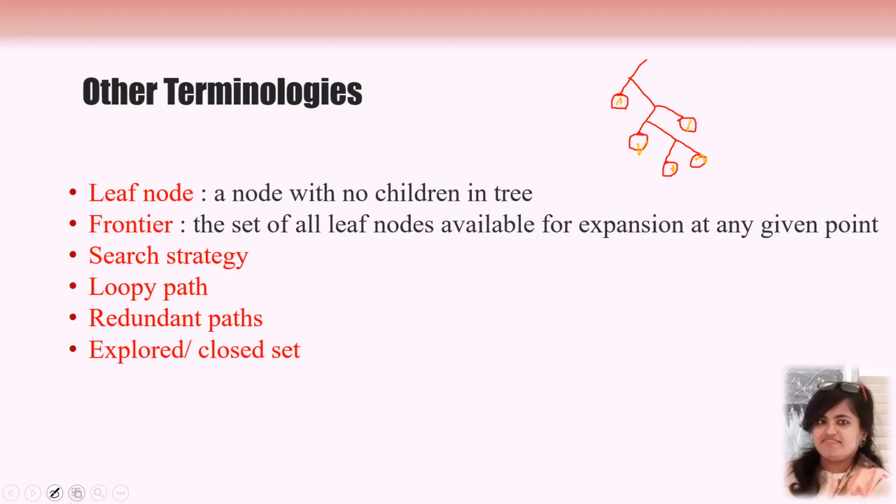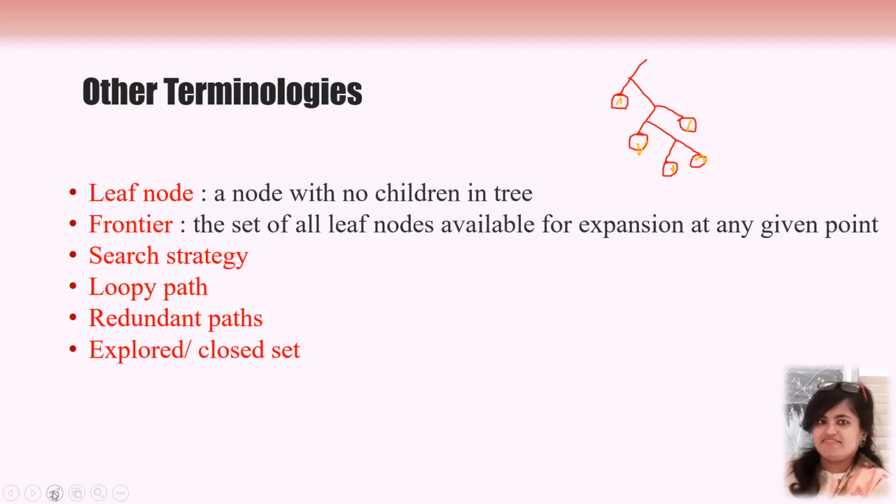For the search strategy there can be different search techniques. Based on the search technique, different ways of expanding the tree are possible, with different search strategies that we are going to talk about in this lecture series.